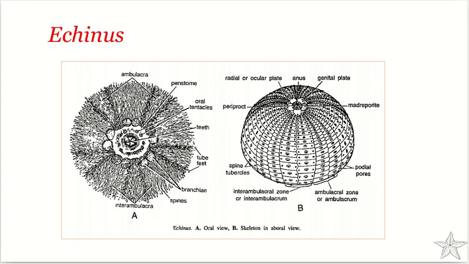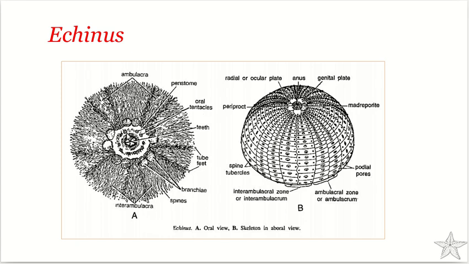Arranged around the mouth, over the peristome, there are 5 pairs of tube feet known as buccal podia. They are modified tube feet, or modified oral tentacles, and usually serve as chemoreceptors.